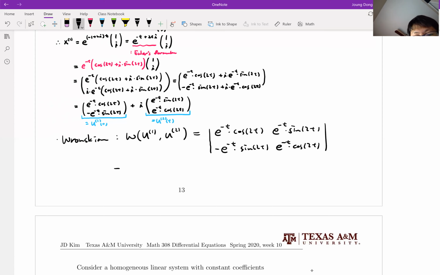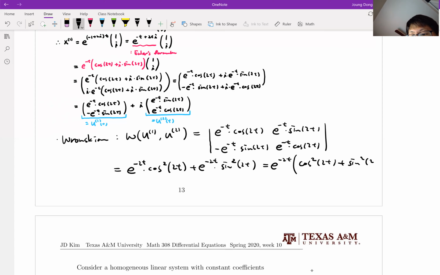That is equal to e to the minus 2t cosine squared 2t plus e to the minus 2t sine squared 2t, which is e to the minus 2t times (cosine squared 2t plus sine squared 2t). As you know, this is the trig identity, which is 1. So it equals e to the minus 2t, and as I told you, the exponential function is never equal to 0.